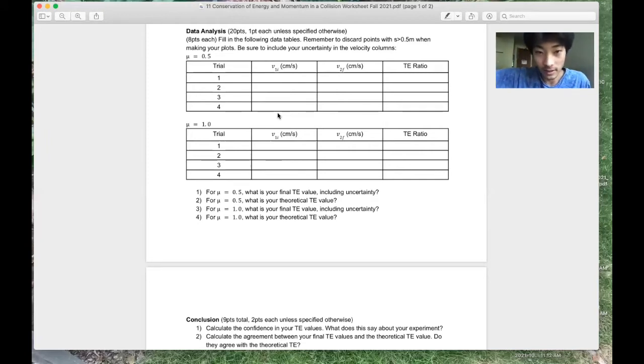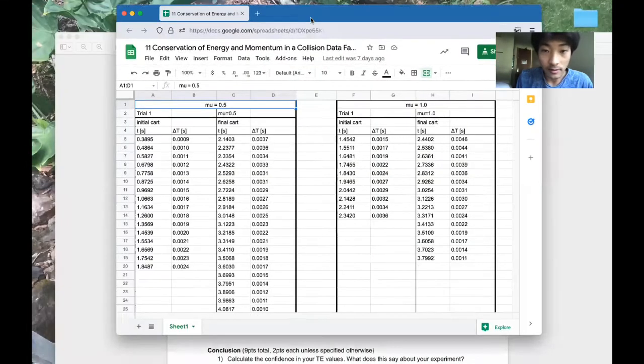This is very similar to what we did in the previous inclined plane lab, where you went from data that looks like this, with the timestamp and the delta t's, to S using this formula.